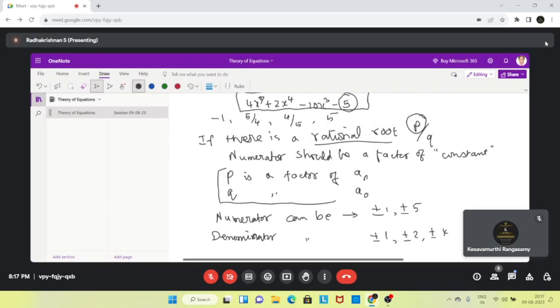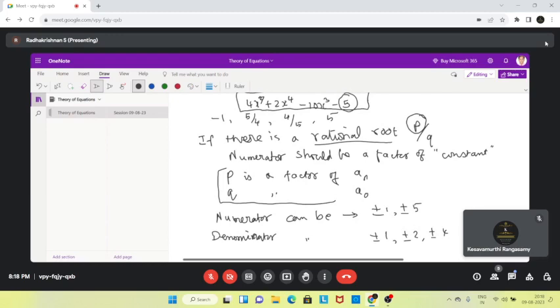I have a doubt, sir. If we substitute minus 1 in this equation, it will not give 0, no, sir? It will not give 0.